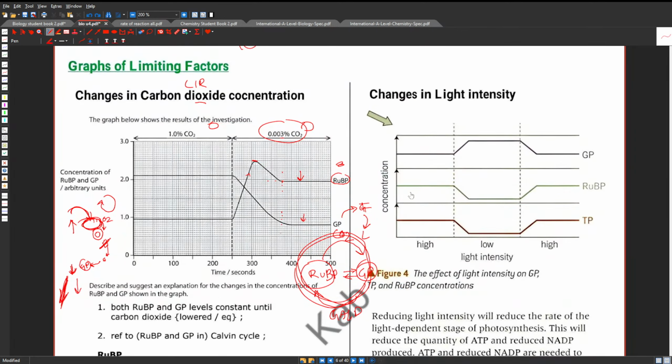Manipulation of figures. Over here we have changes in light intensity, so of course this is going to be talking about light-dependent reactions. Remember, light intensity is going to be focusing on both PS1 and PS2, and PS1 is going to be affecting the amount of H+, which affects the amount of NADPH. This is PS2, sorry.